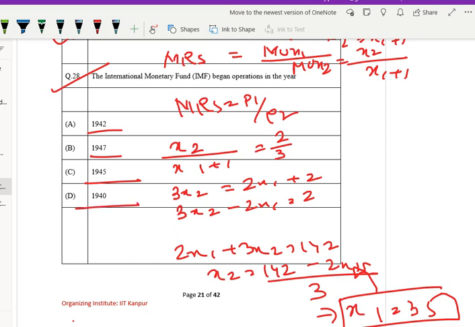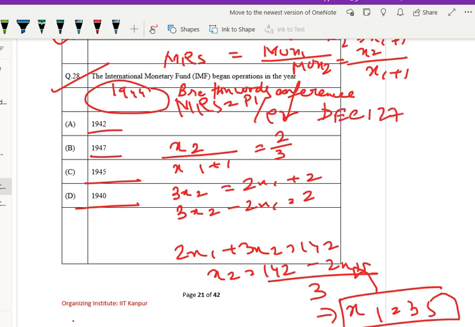So IMF was established in 1944 at the Bretton Woods Conference, but officially it began from December 27, 1945. So the answer is 1945. Okay.